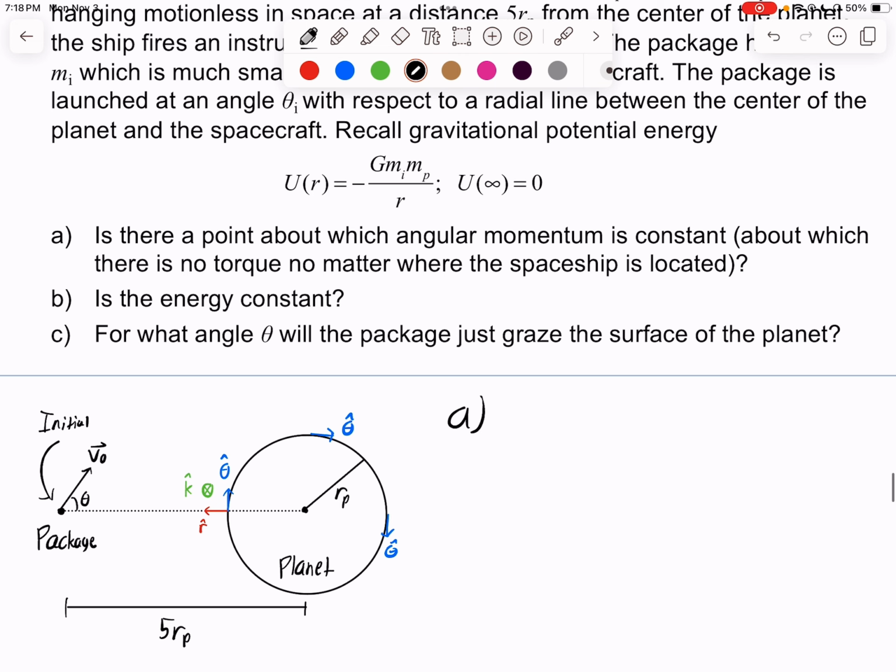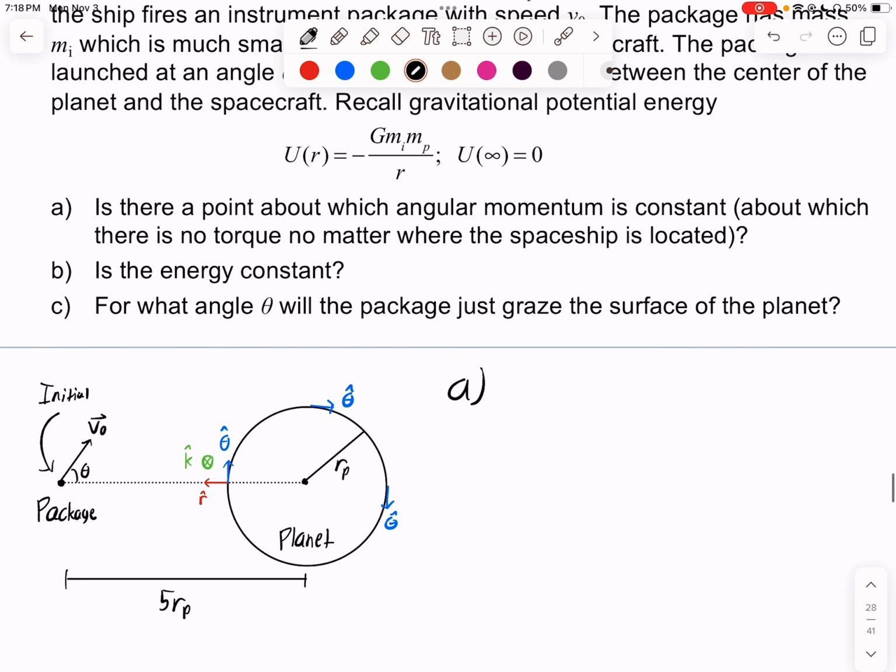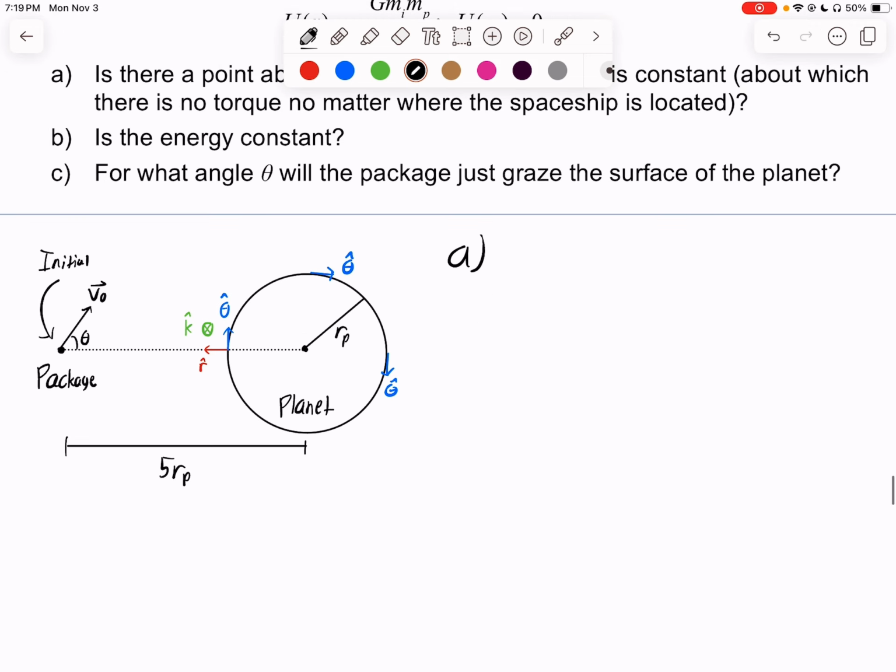Is there a point about which angular momentum is constant? What this is basically trying to say is that since we learned in lecture that angular momentum is defined with respect to a pivot, we need some axis of rotation to analyze how much momentum we have.